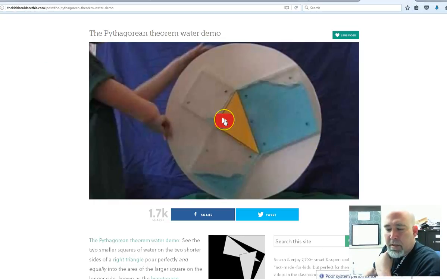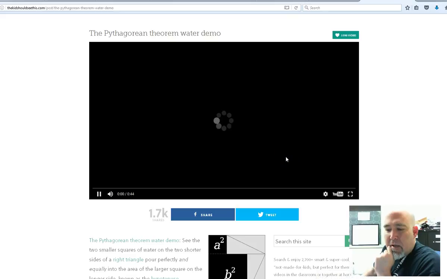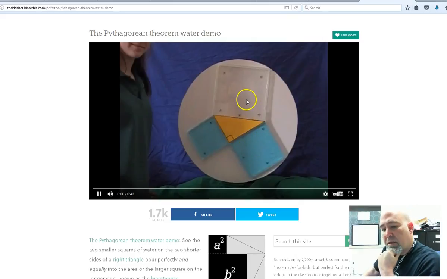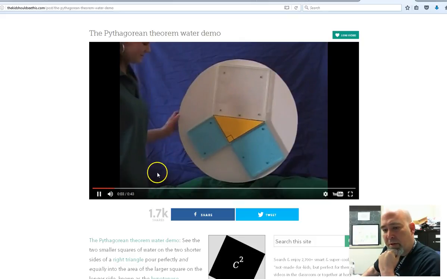I think this is neat. It's kind of a water demo of the Pythagorean theorem, how it works. The idea is that you have the lengths of the side squareds. The sum of the lengths of the side squareds equals the area of that hypotenuse squared.